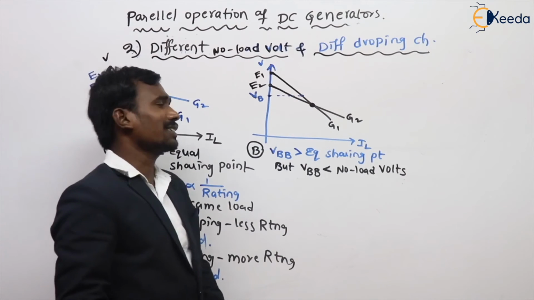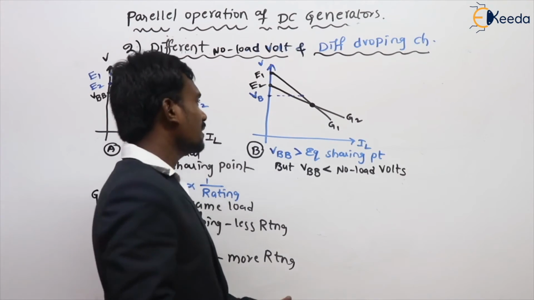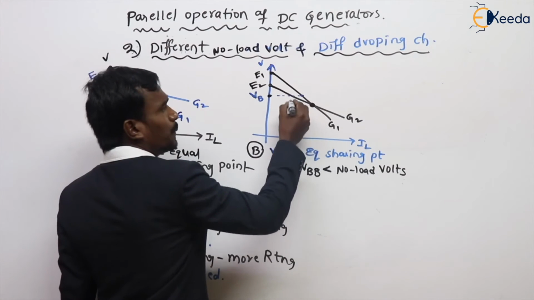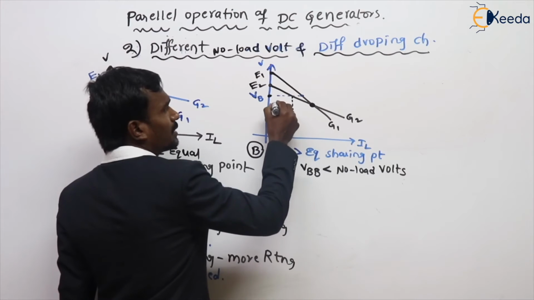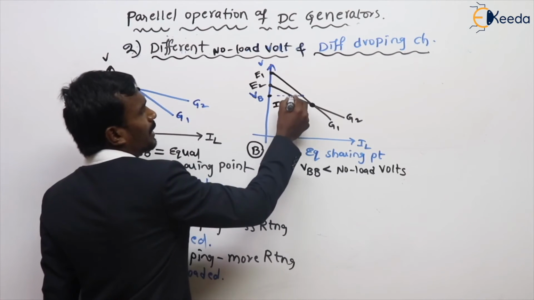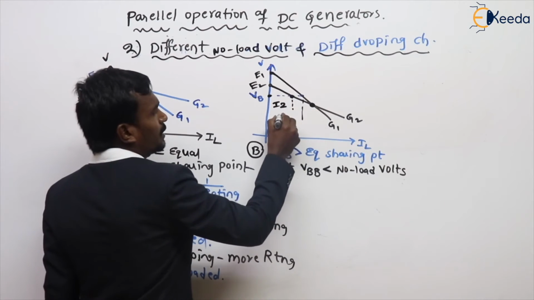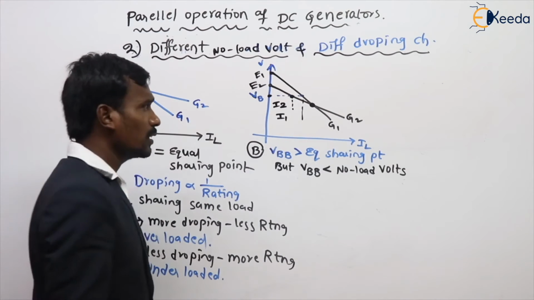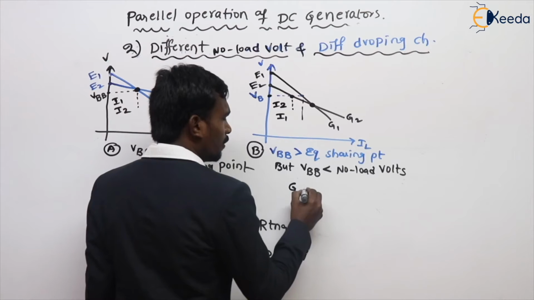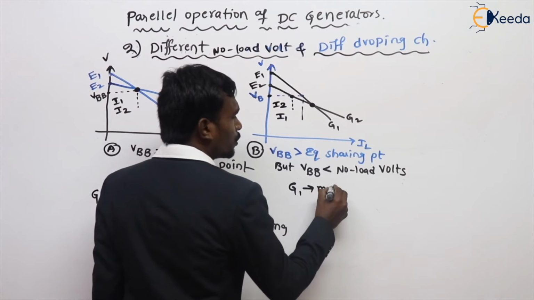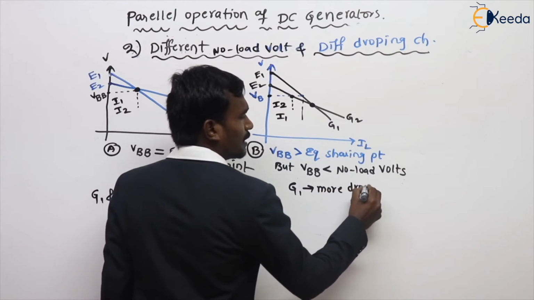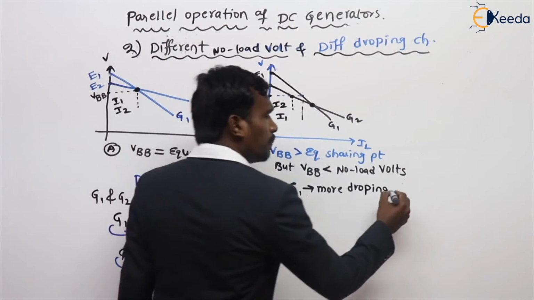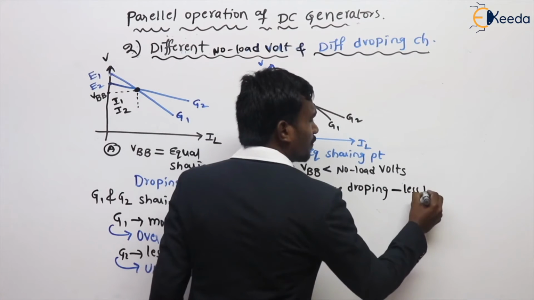Let's go to this condition. See here, this is the bus bar voltage, this is the equipotential point, and this is I2, the load sharing of the second generator, and this is I1, the load sharing of the first generator. See here, generator 1 is more drooping. Yes or no? Nothing but less rating.